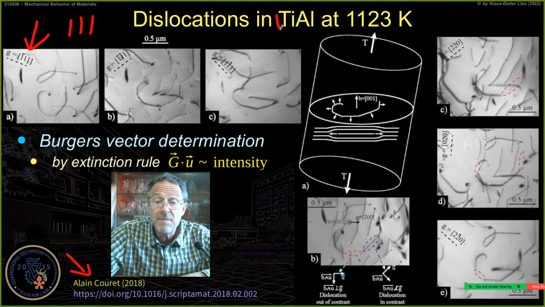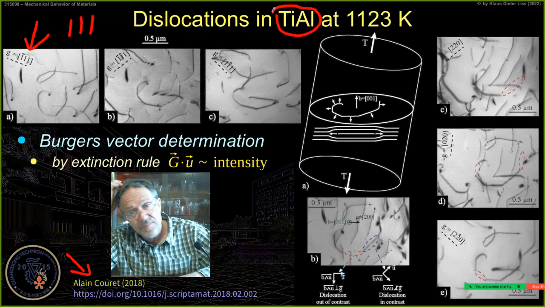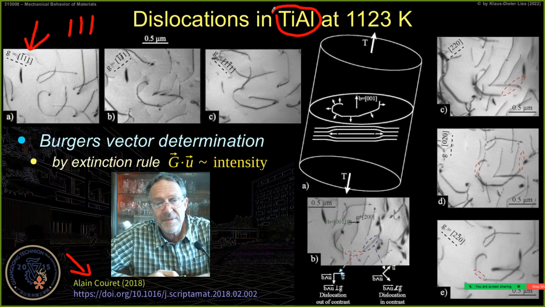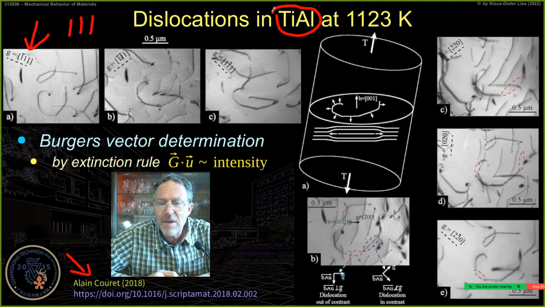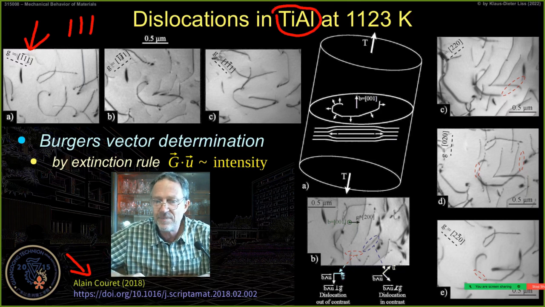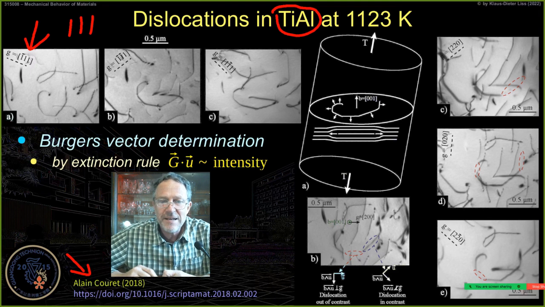And titanium aluminide is almost cubic, it's a little tetragonal. So let's say it's almost cubic, so the 111 planes are approximately all the same for this consideration. It's not true, it's tetragonal, but there's orientation dependence. But let's say they're all the same.